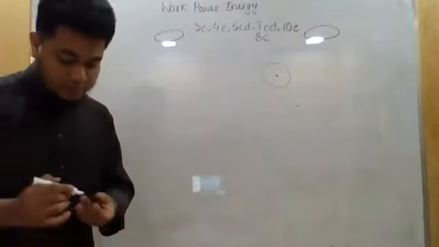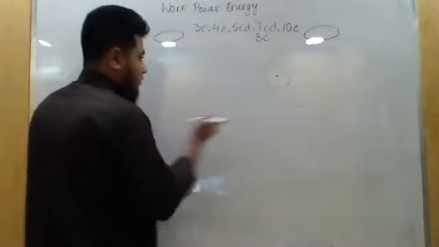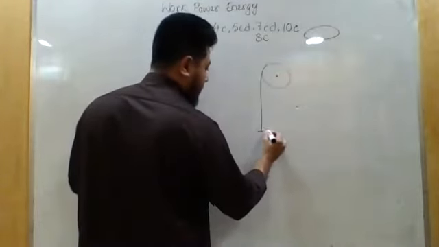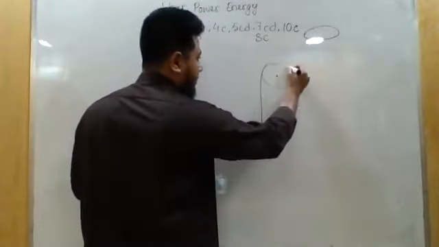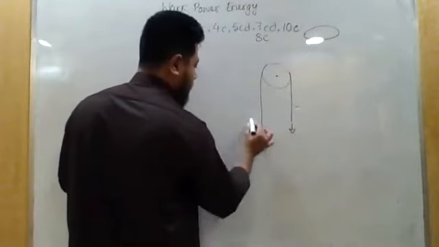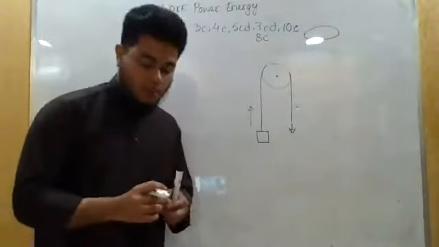I think my marker is getting faded. Let me change it. So the arrangement of pulley looks like this. Here we will tie some load, and here we will apply some downward force so that we can lift it up. This is the concept of pulley.